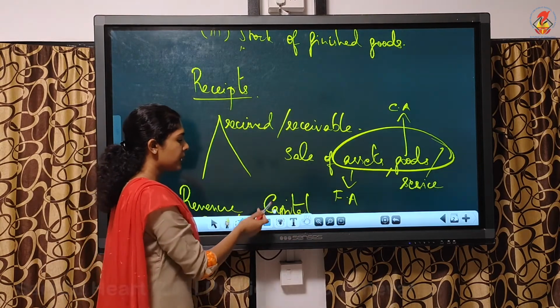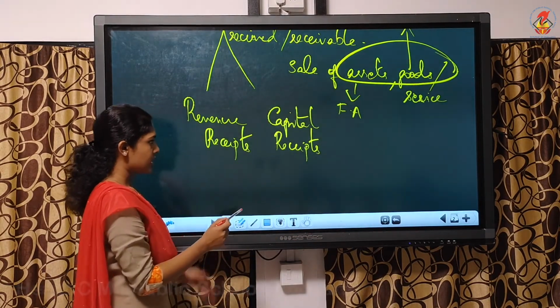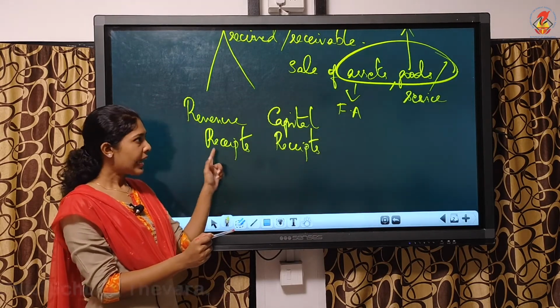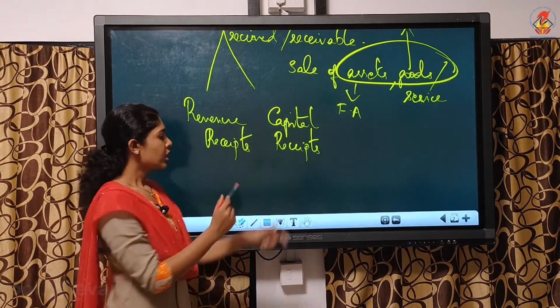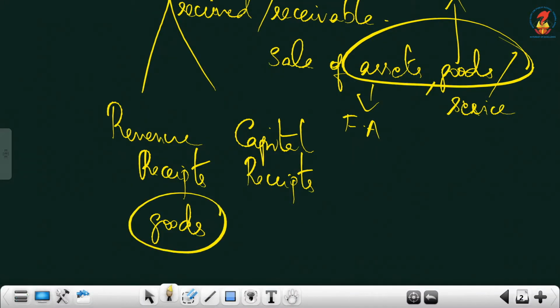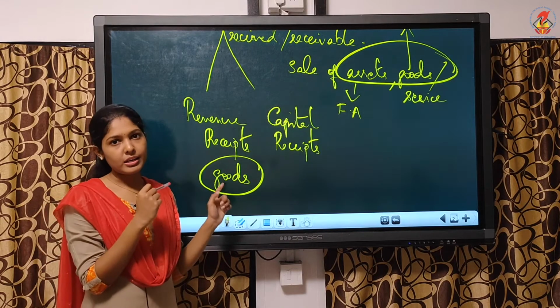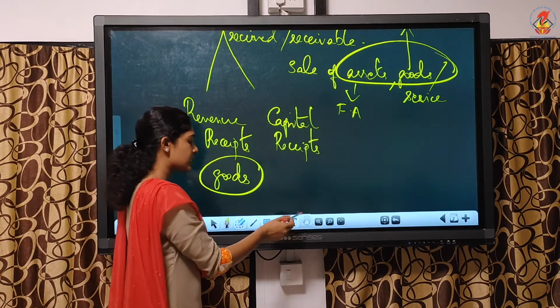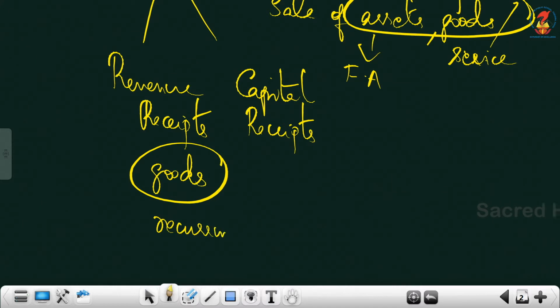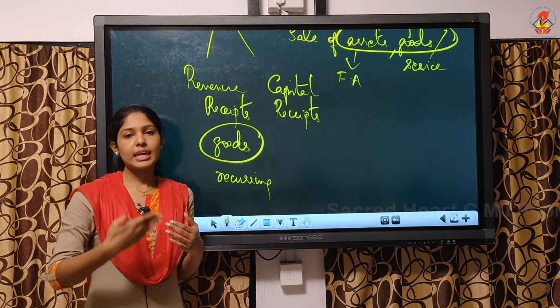Now the meaning of revenue receipt. Revenue receipt is the amount received or receivable against sale of goods, that means a current asset. And the next feature of revenue receipt is that it will be recurring in nature. Recurring means it will happen again and again.